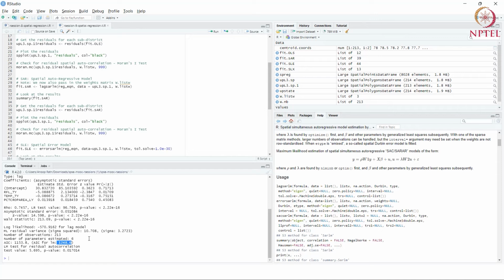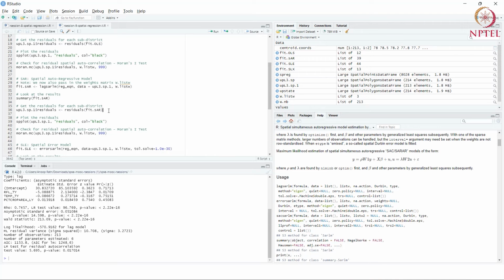So the AIC is slightly higher for ordinary OLS and slightly lower for this. Well, we want to know, did we do any better? Is there residual spatial autocorrelation now that we accounted for some spatial relationships?